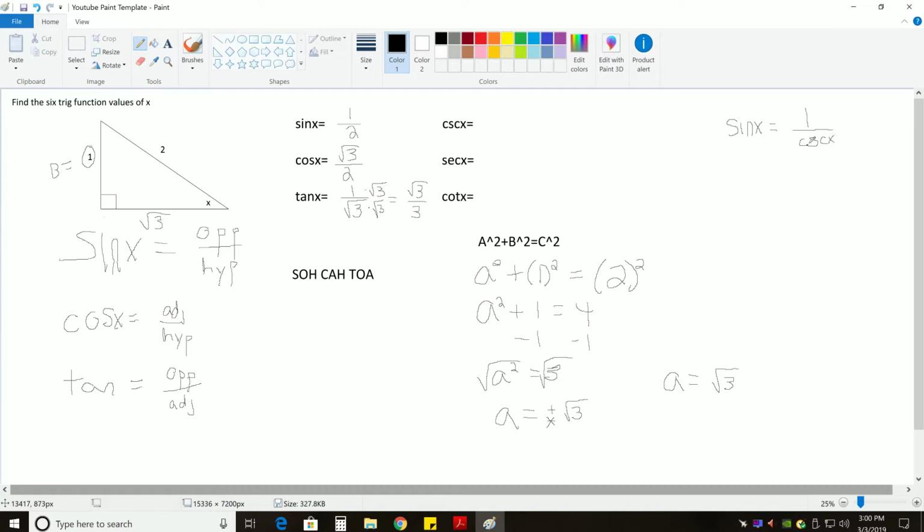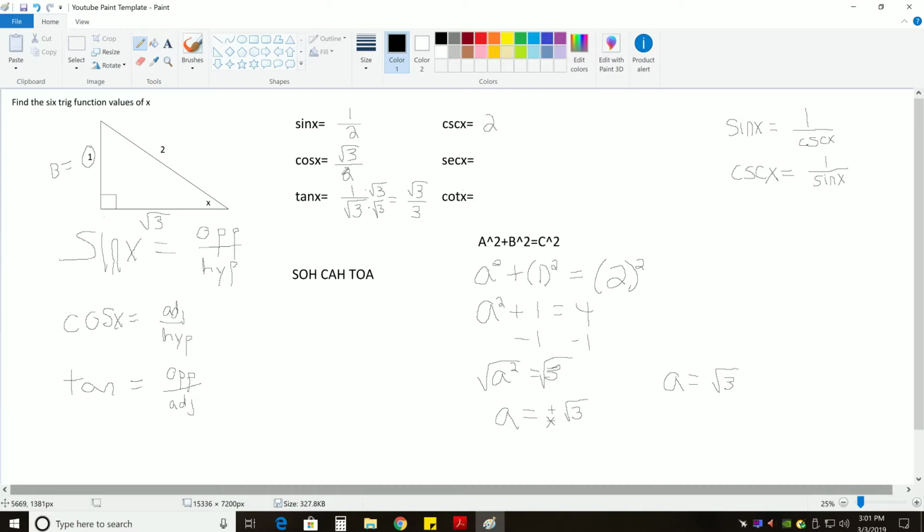Since sine of x is equal to 1 over cosecant x, then cosecant x is equal to 1 over sine of x. So to find cosecant of x, all we have to do is take the reciprocal of sine of x, which is 1 over 2. Its reciprocal is 2 over 1, or just 2.